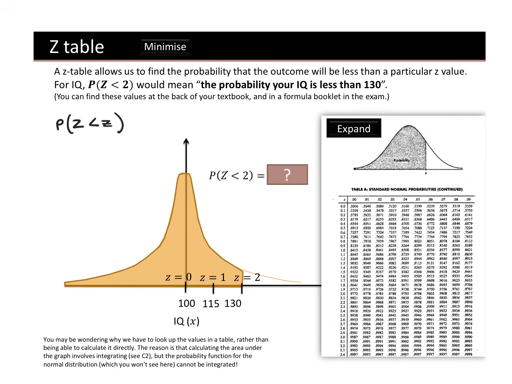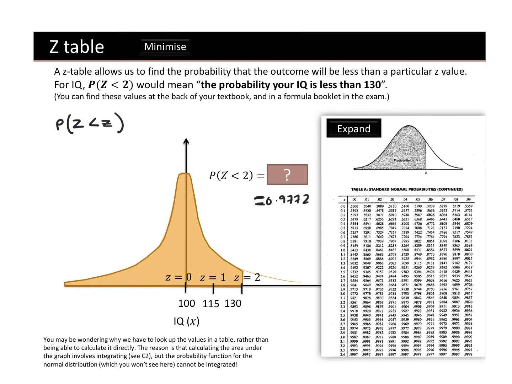But lucky for us, after years of research, they've done it in a table. You literally go onto your table, find Z that says 2, okay? And 0.9772 is the answer. That's it. Really simple. Really simple. Okay?